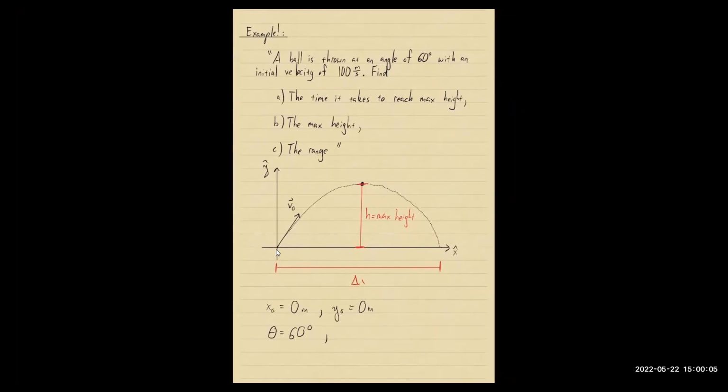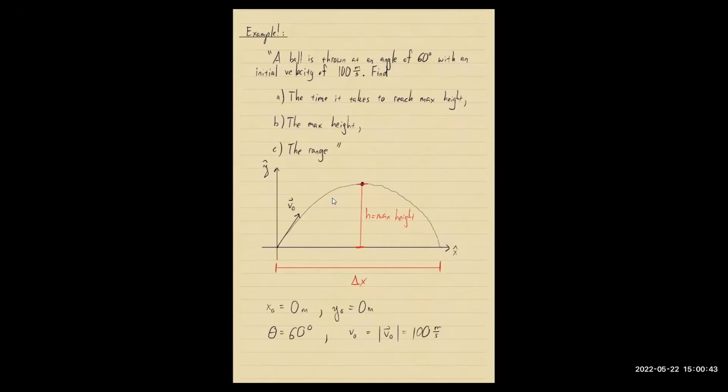So it has an initial velocity magnitude, which is just the magnitude of our initial velocity vector, right? Of 100 meters per second. And it's asking the time it takes to reach the max height. So we're trying to find t, the max height, or h, as well as the range.